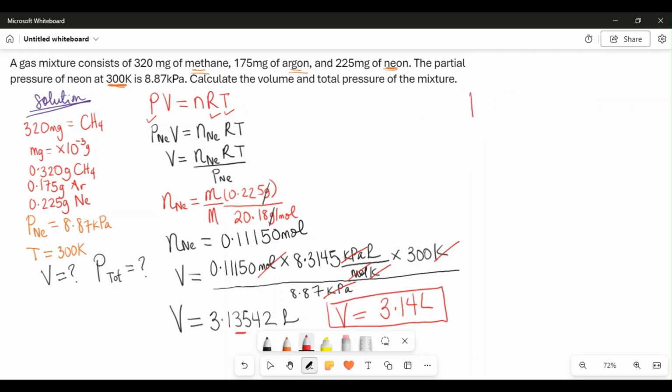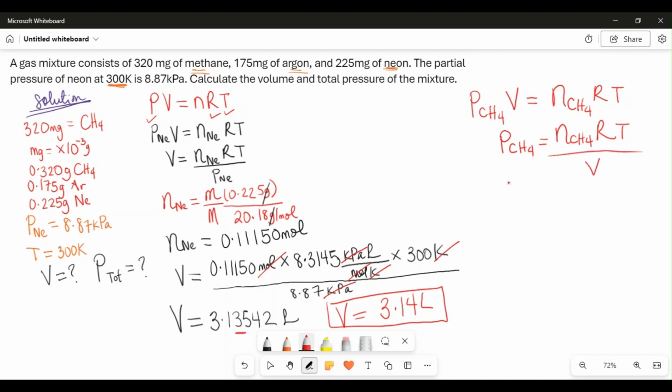The pressure of CH4, using the perfect gas law, is pressure times volume equals the number of moles of methane times R times T. So determining the pressure, we do everything in terms of the pressure of methane: P equals the number of moles of CH4 times R times T divided by volume.